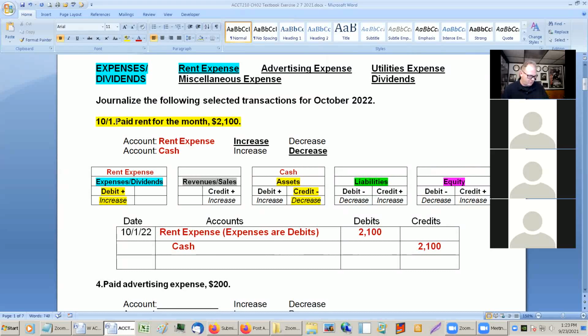10-1. You know, this is for October. So this should be 10-4. You know, these are supposed to be dates.